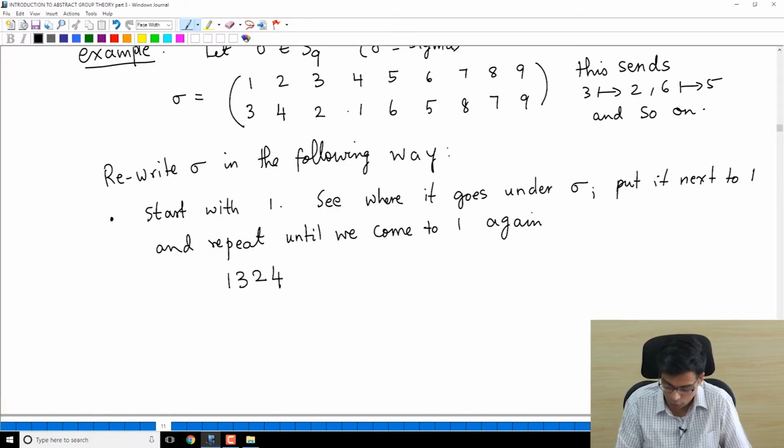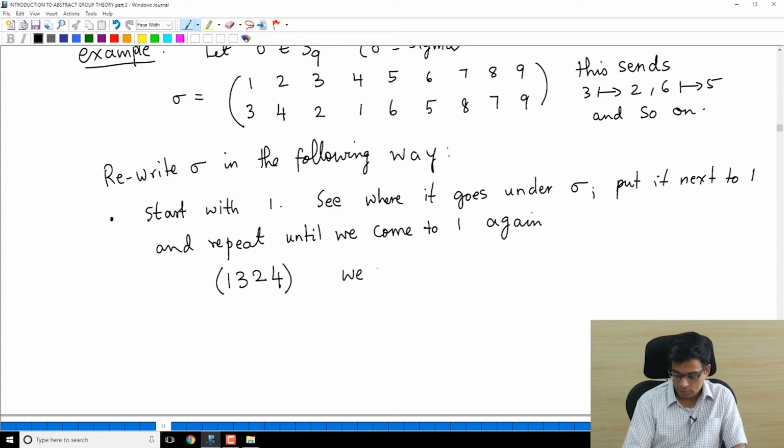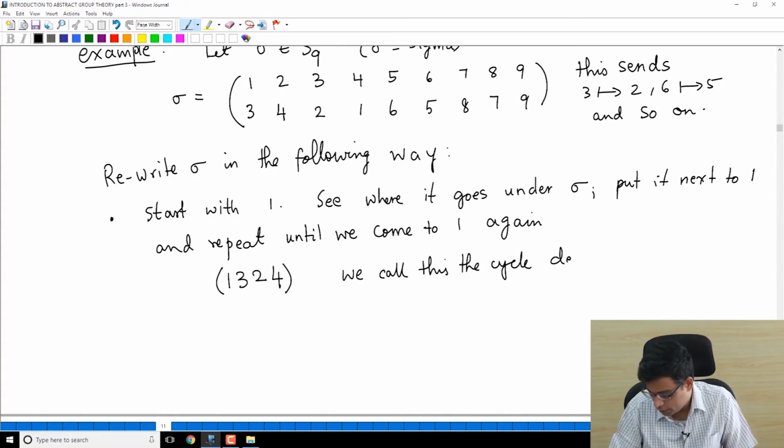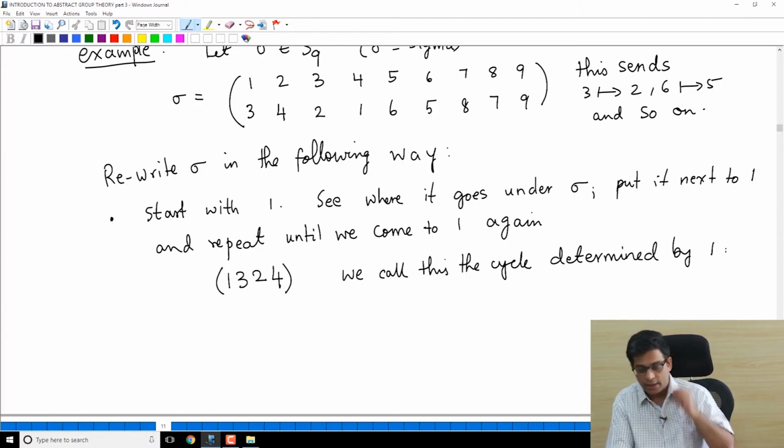Where does 4 go? 4 goes to 1. So we have come to 1 again, so we close the bracket. We call this the cycle determined by 1.